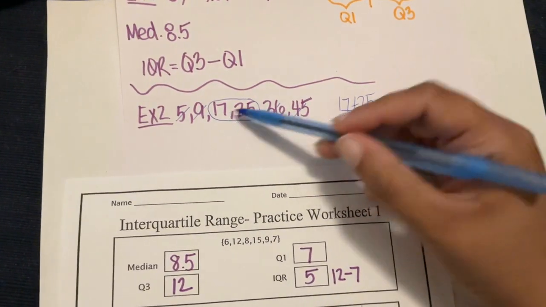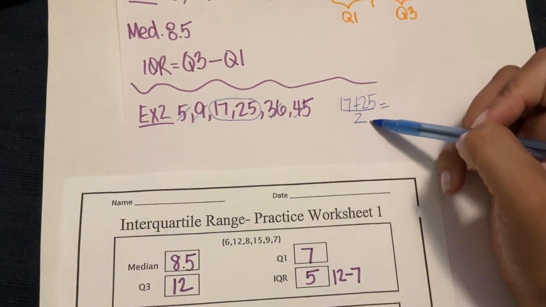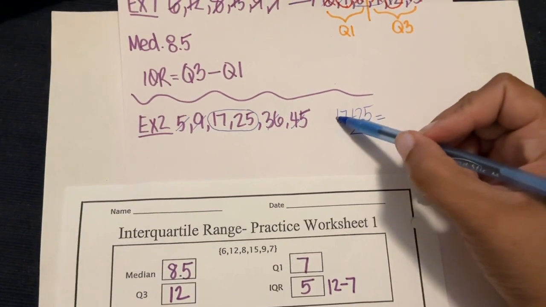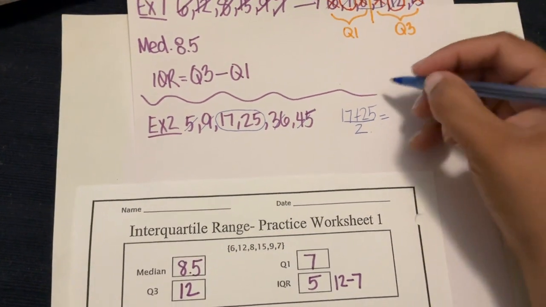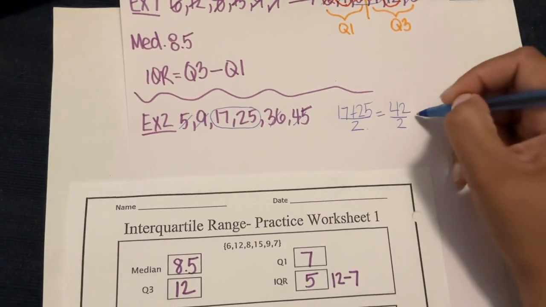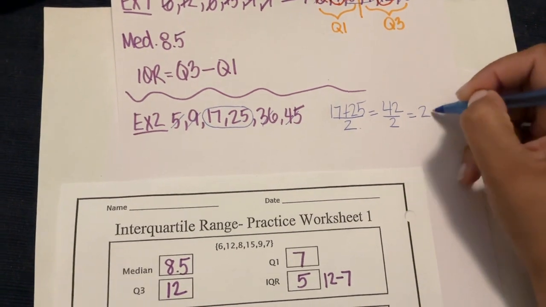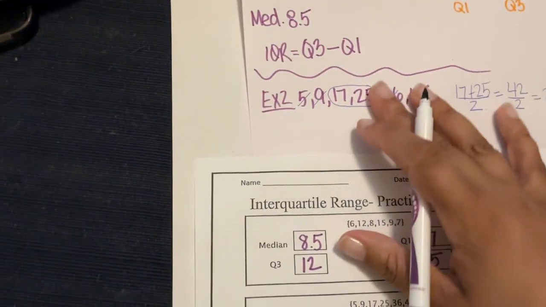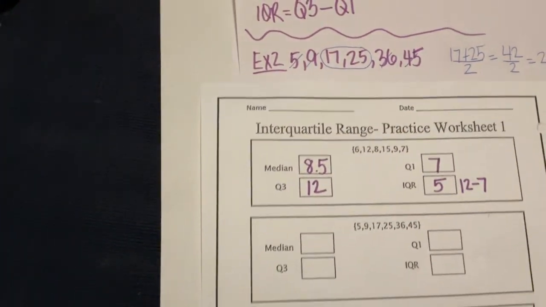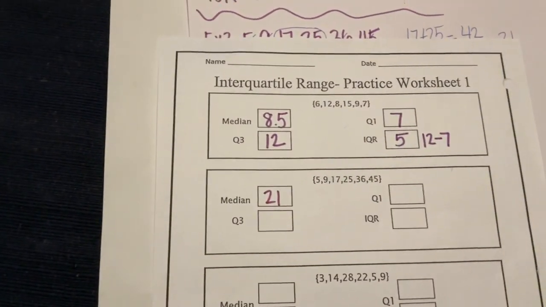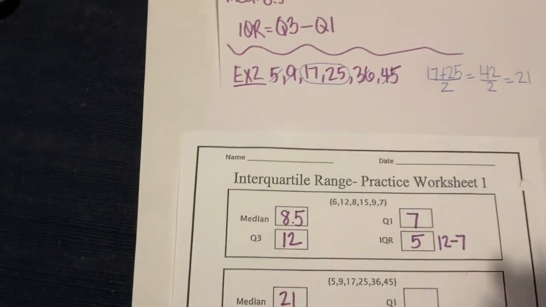Because you're adding 2 numbers, so you divide by the number of values you have. 17 plus 25 gives you 42, and 42 divided by 2 gives you 21. So your median is 21, and again, 21 is between 17 and 25.